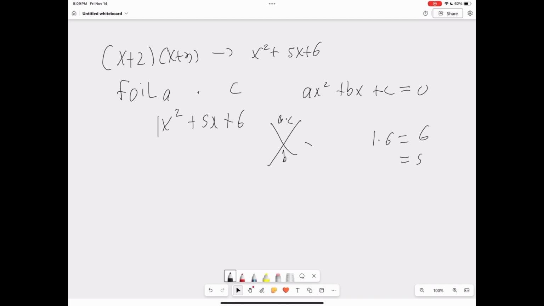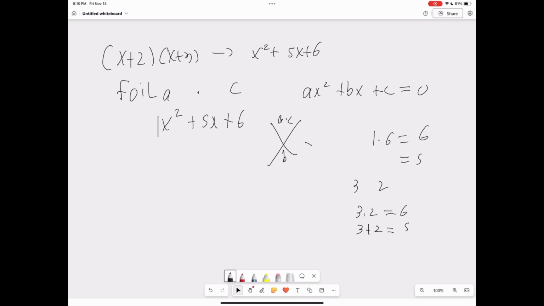Okay, here. What are two multiples of 6? Because 1 times 6 we know will multiply to 6 but will also add to 5. Well, 3 and 2. You can do 3 times 2 and you'll get 6. You can do 3 plus 2 and you'll get 5. That's it. Literally, that's it.